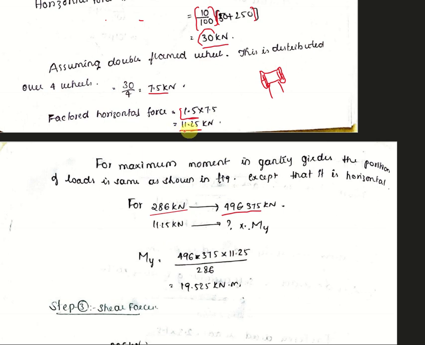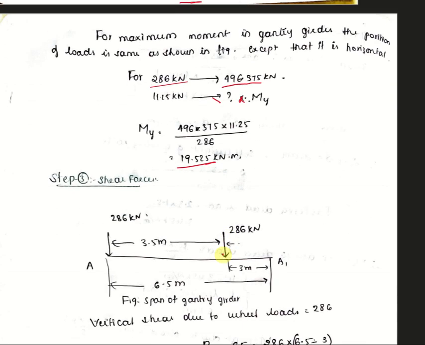Now for 11.25 kilonewton, which is horizontal, how much would it be? We do cross multiplication: 496.375 into 11.25 by 286. So we are getting 19.525 kilonewton meter.